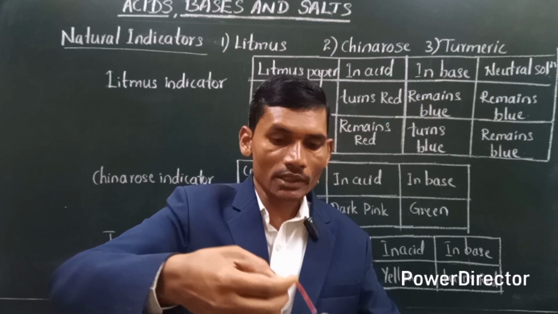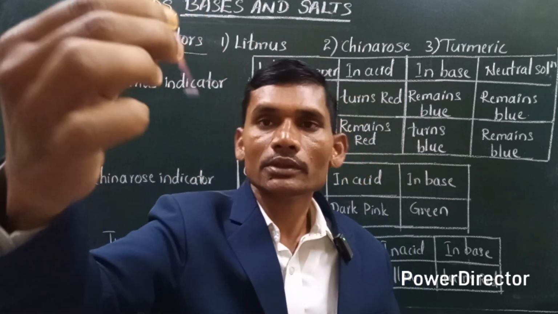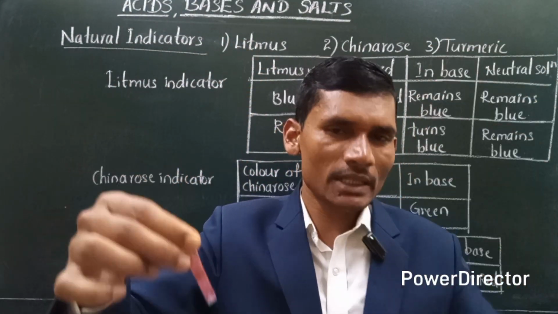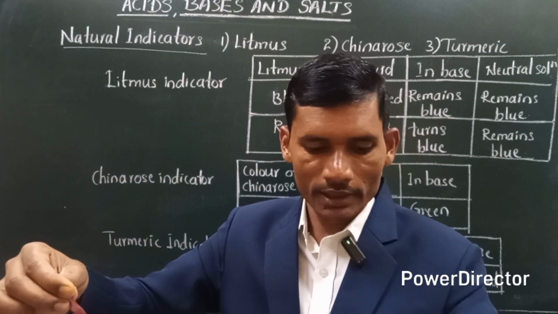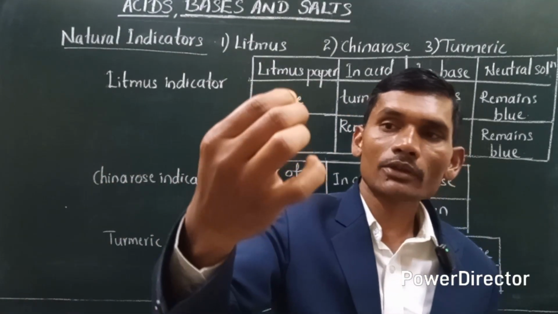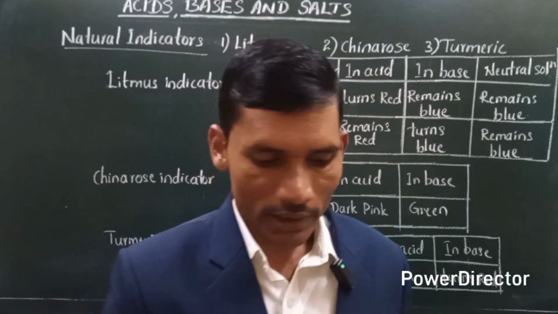Okay, it is changing. Red litmus is changing to blue color. You can observe here. It is a base. Soaps are basic in nature, as you know already. Soaps are usually bases. So the liquid we use in the washing machine is also a base, right?